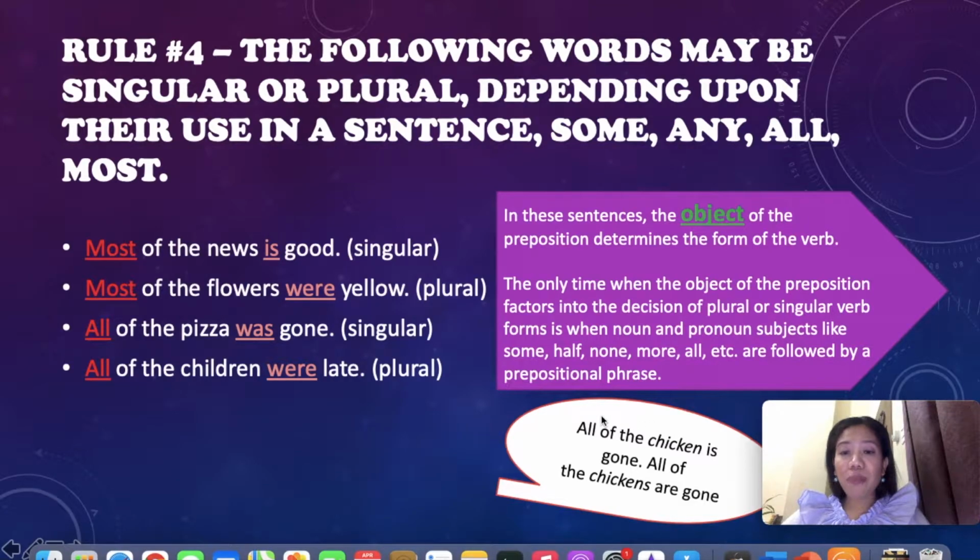I'll show you a sample here with both, looking at different usage. All of the chicken is gone. That's whole chicken. All of the chickens are gone. So that's a lot of chickens. They are gone. It's not just one whole chicken.